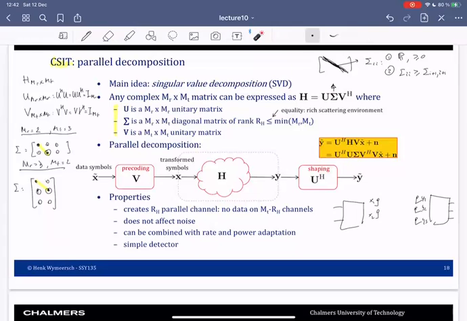The processing that we will do is as follows. At the transmitter, we will pre-multiply what we want to transmit with the matrix V, where this matrix is this exact matrix here. The input to this pre-coding operation are our data symbols, so these are our QAM or PSK symbols. We will multiply them with V, and the result we call X, and that's what we send over our channel.